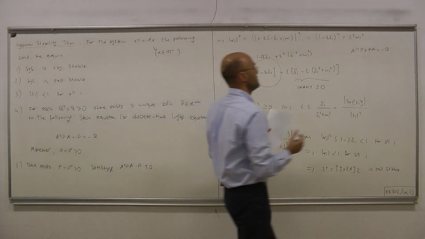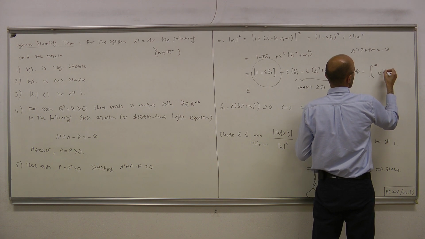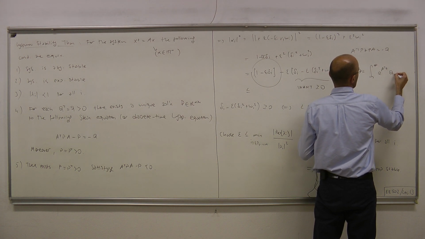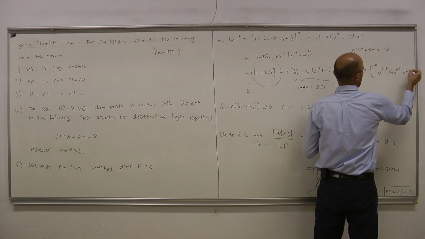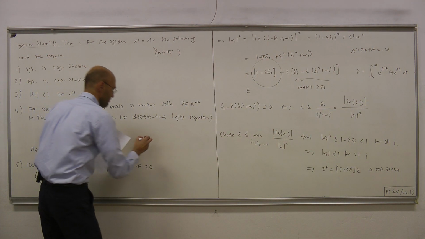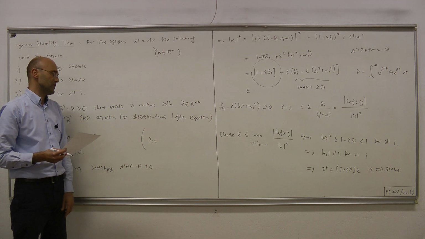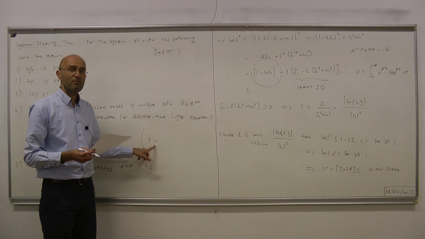So P equals the integral from 0 to infinity of e to the A transpose t Q e to the A t dt. And this time, although we're not going to prove it, you can prove it with this P very easily, we're going to do the same thing.